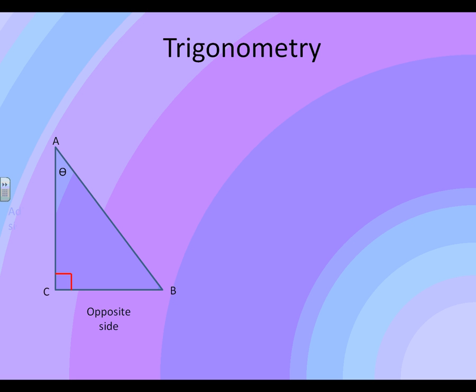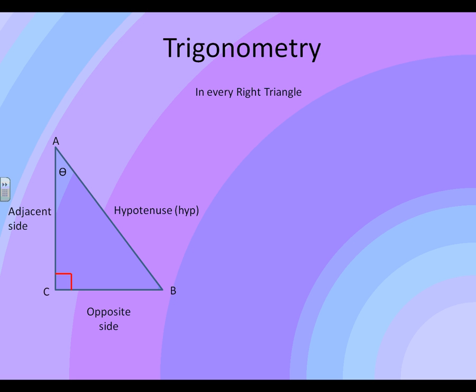And an adjacent side, which is the side right next to the angle A, or theta. And the opposite side of angle C, which is always the largest side, the longest side in a right triangle. It's opposite the right angle, and that's called the hypotenuse always.